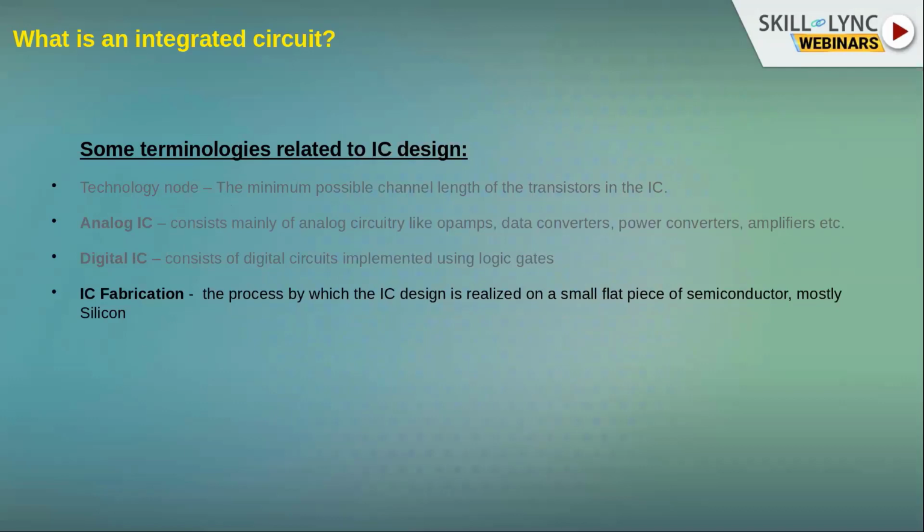There are lots of interesting technologies and device physics that go into implementing a circuit design into silicon. What we are covering in this webinar is only related to the design aspects of an IC, particularly analog IC mostly, with a focus on the power awareness of the IC.